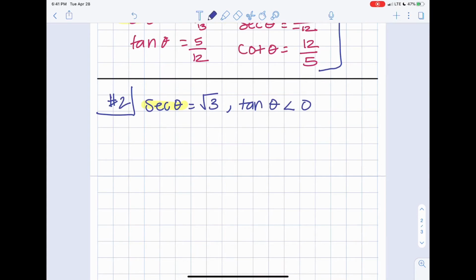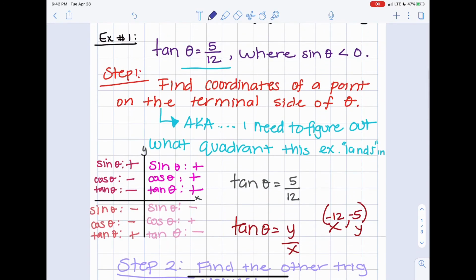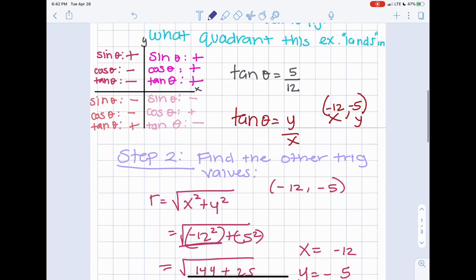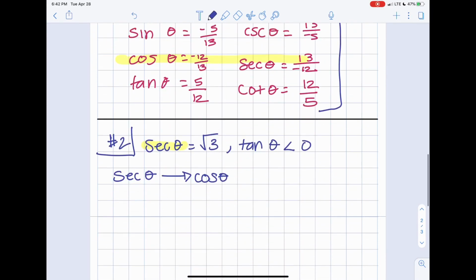So secant of theta is related to cosine of theta. Just keep that in your mind. Now, the first step we had said up here was to figure out which quadrant this would land in had it been graphed. So our solution here is positive.